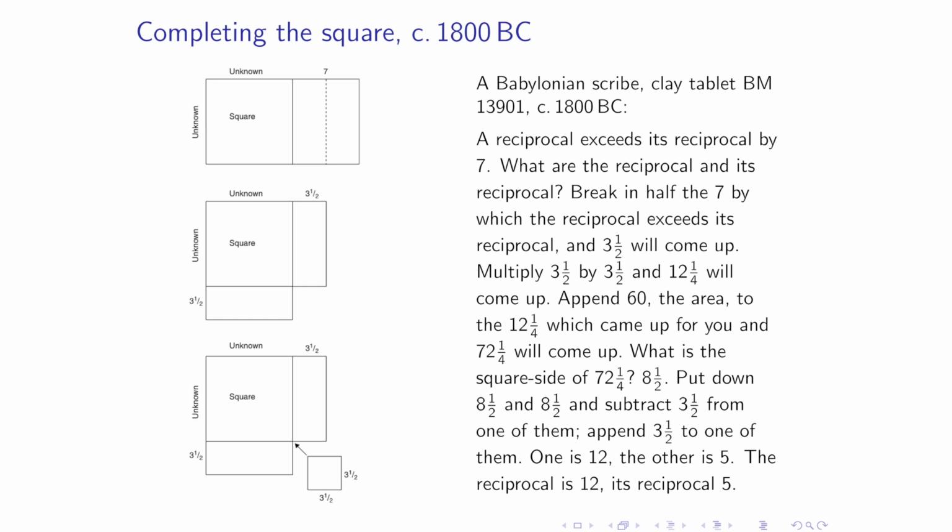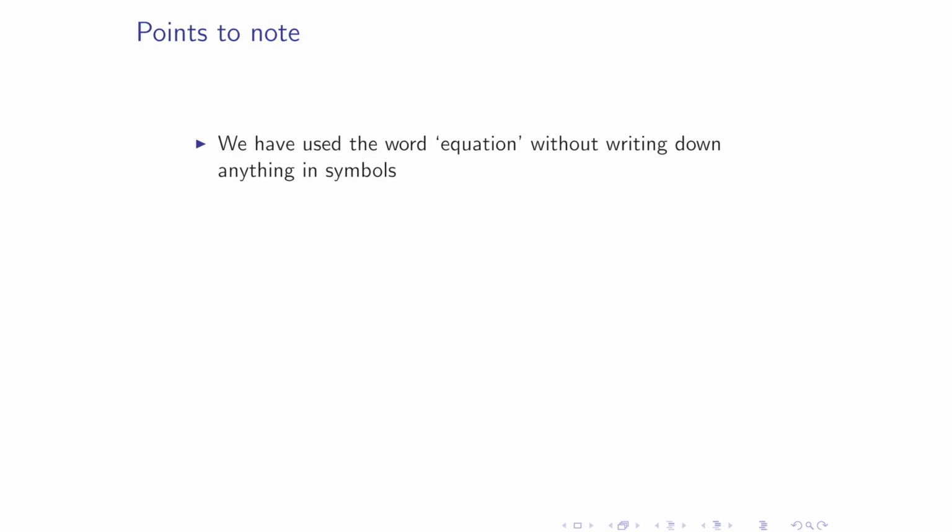We're breaking the 7 in half, moving that width 3.5 segment around to the side, and then quite literally completing the square at the bottom there by adding this 3.5 by 3.5 square into there. So there's geometrical thinking behind this, and there are various points to note as we continue with the discussion of algebra, and this is something we'll pick up in the classes as well at some point, I think.